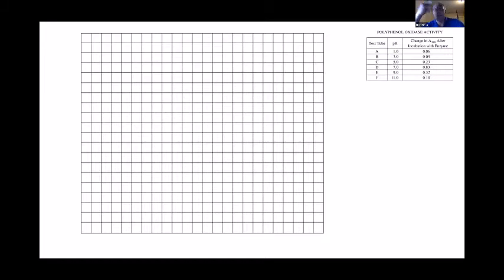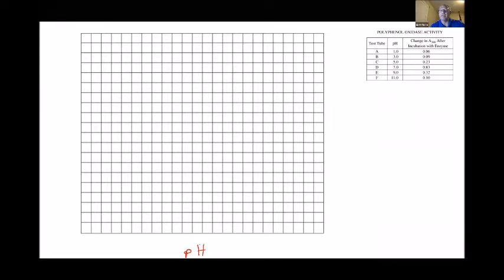And Mr. Patel, in this case, what would the independent variable be? The pH. Because remember, the independent variable is the thing that you're intentionally manipulating. Sometimes we call the independent variable the manipulated variable. So we want to graph that on the x-axis. So let's label that pH.